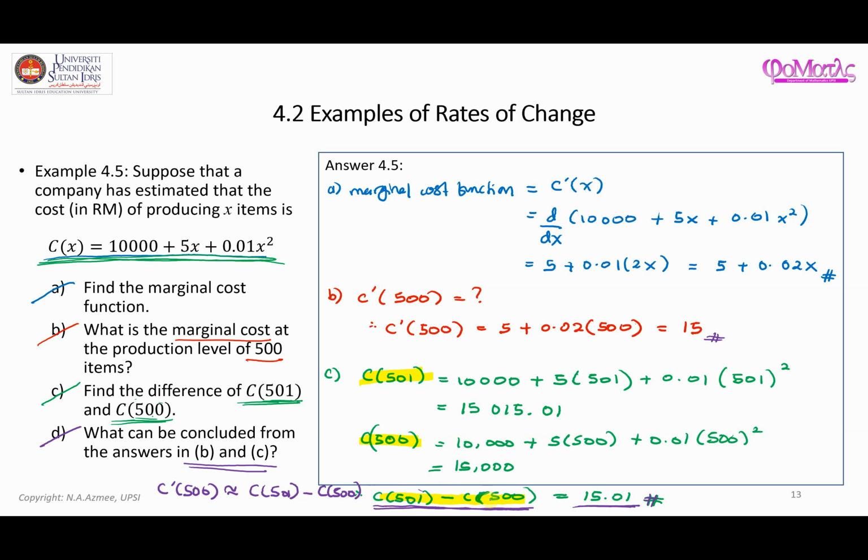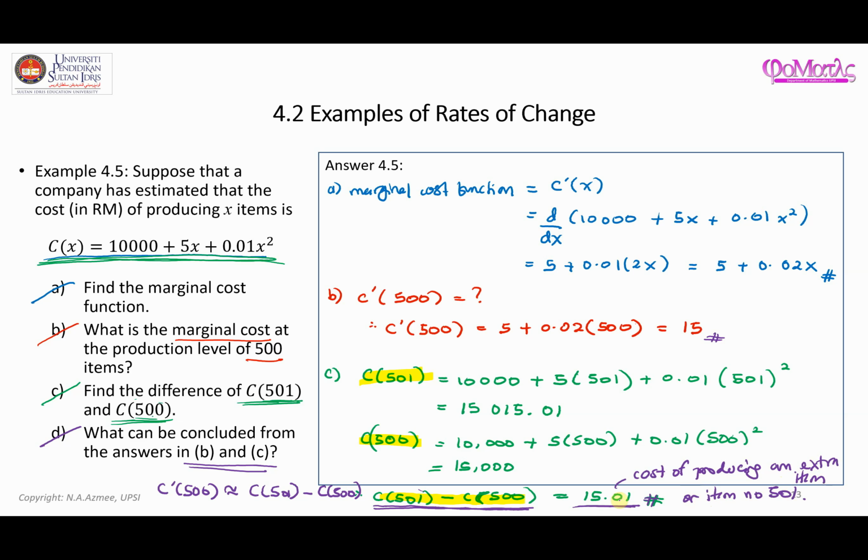If I find the difference between these two, I will get the cost of producing an extra item, or item number 501.